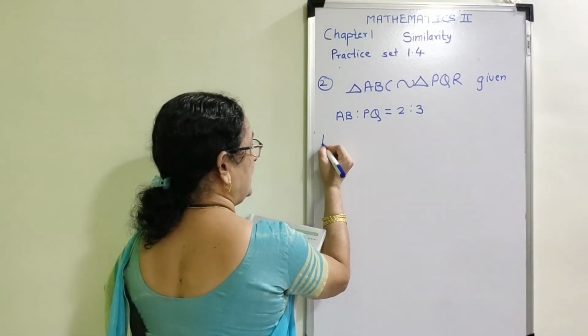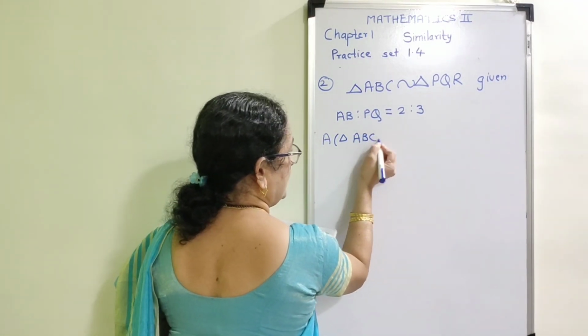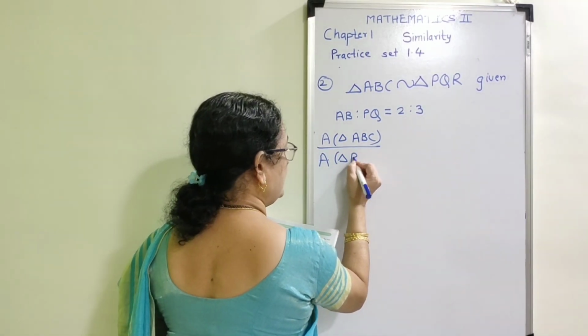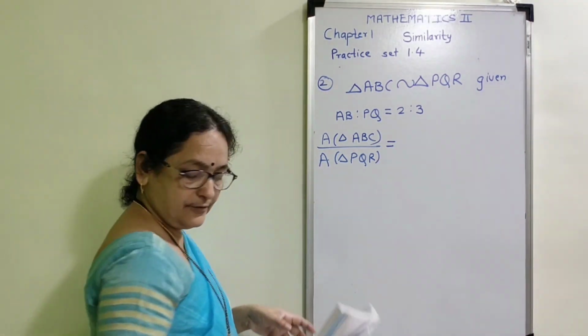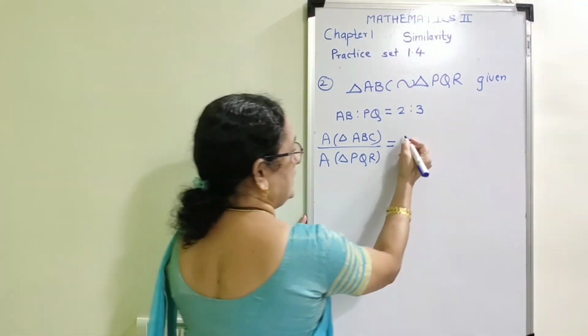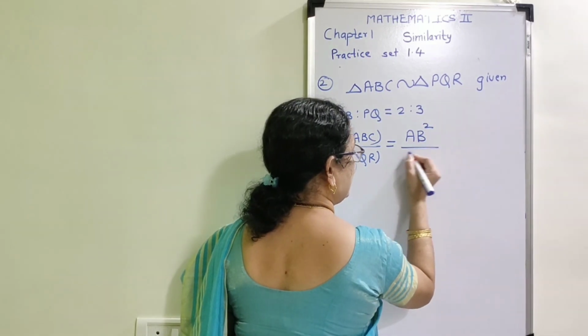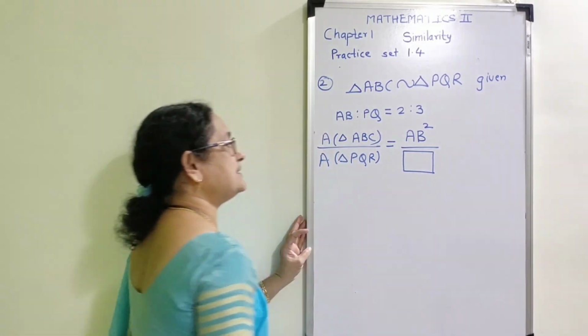First step, area of triangle ABC is to area of triangle PQR is equal to, now they have given here the first step that AB square, and the second thing is here you are going to substitute to fill in the blanks.